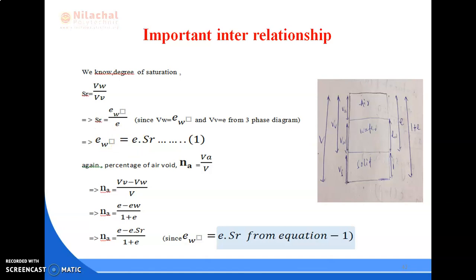So SR equal to Ew by E, as Vw equals Ew and Vv equals E from this figure, which implies Ew equal to E into SR.